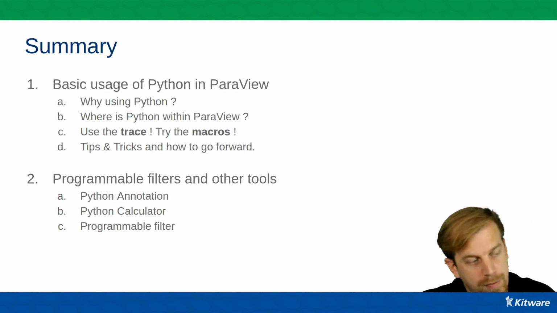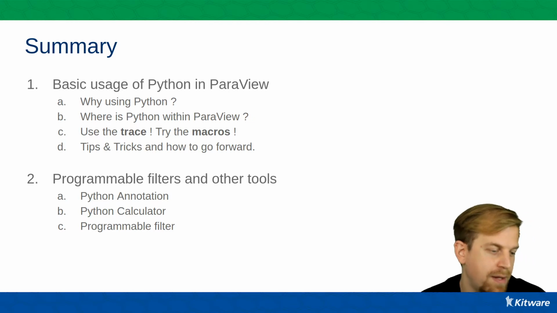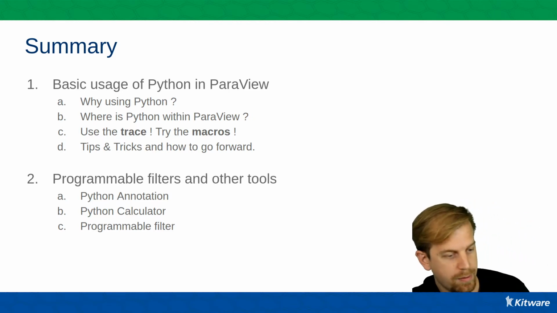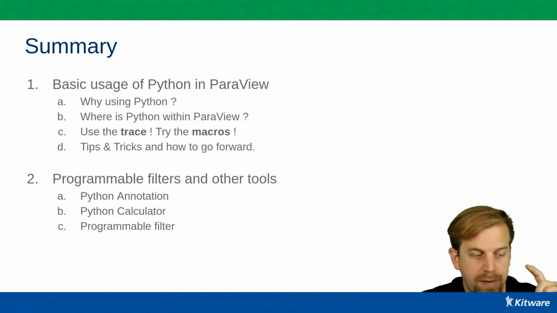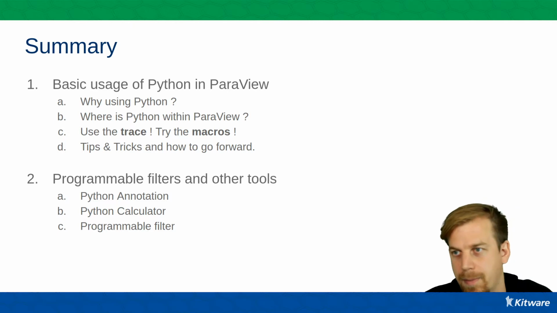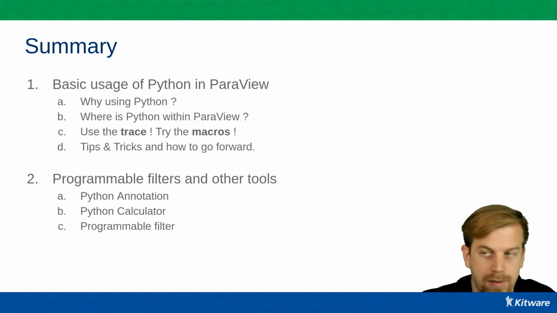Another way to use Python is to implement a feature gap. What we call a feature gap is basically when you have all your pipelines, but you only miss a little part in the pipelines that is very specific to your workflow. Then you can implement that in Python. Finally, you can use Python as an interface to connect ParaView with other tools.